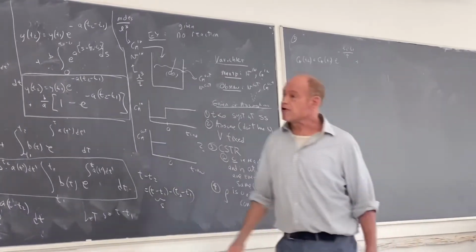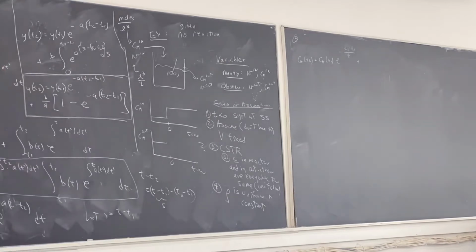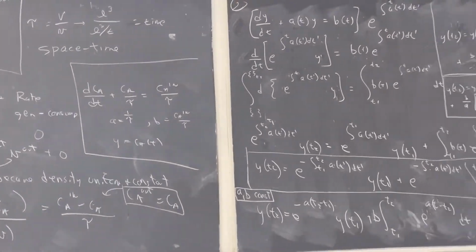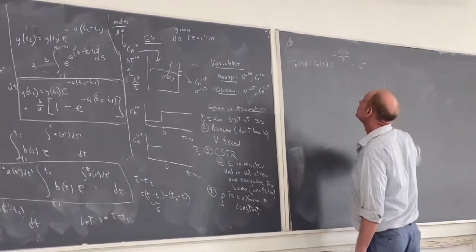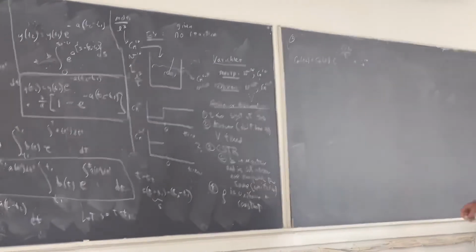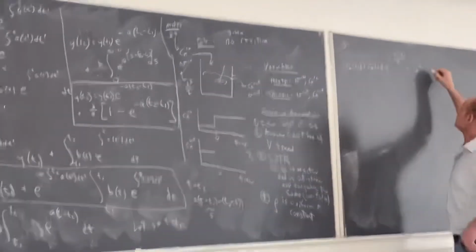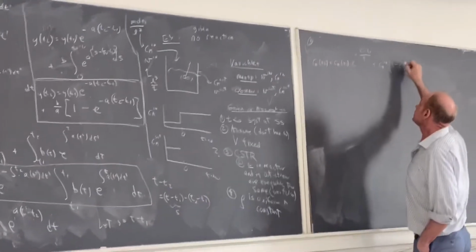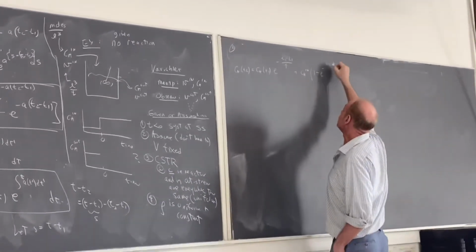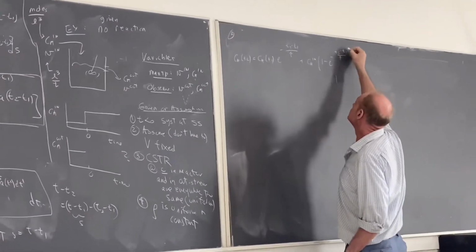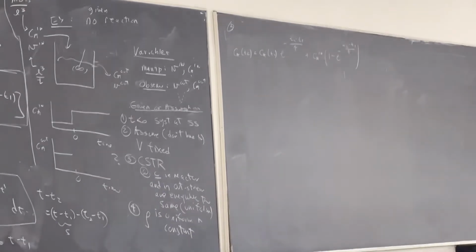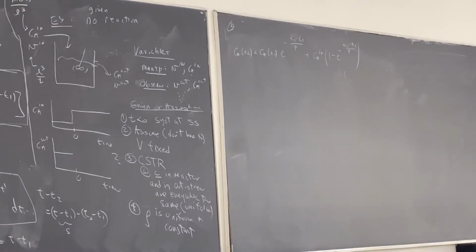What's b over a? b is this, a is this, so b over a is just CA in, times 1 minus e to the minus t2 minus t1 over tau. Any questions on that so far before we analyze it?